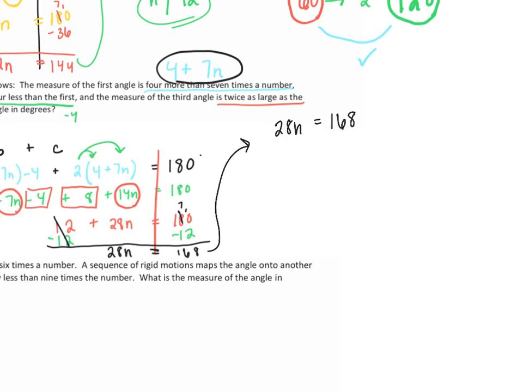I'm going to divide both sides by 28. I'm going to do this in my calculator because I don't have my 28ths memorized by heart. So this becomes 168 divided by 28, and that is exactly 6. So now I know what n is.